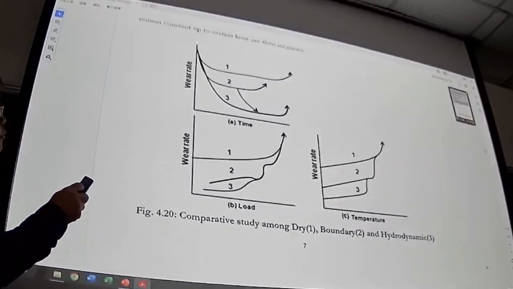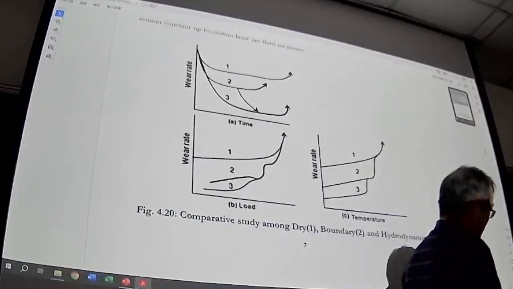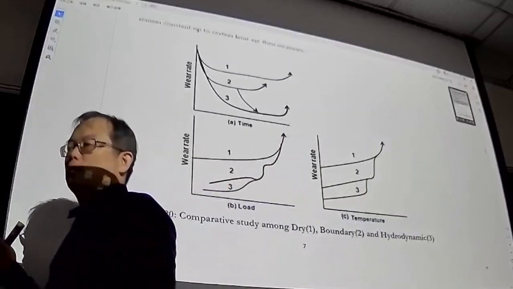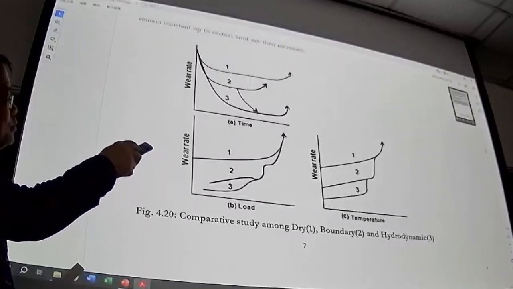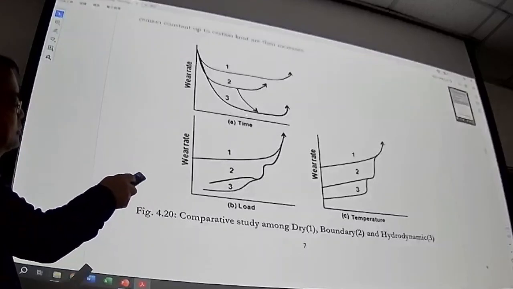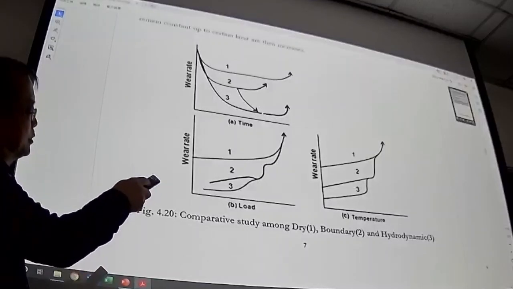The wear rate is shaped like a bathtub: at the early stage the wear rate is high, at the end of life it is high, and in the middle it is lower. Of course, if your lubrication is better, if you have thick film lubrication, then your wear rate will be reduced significantly.